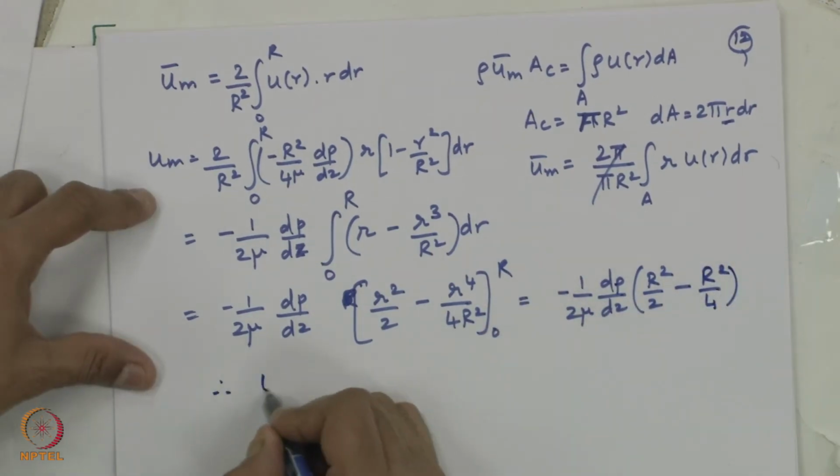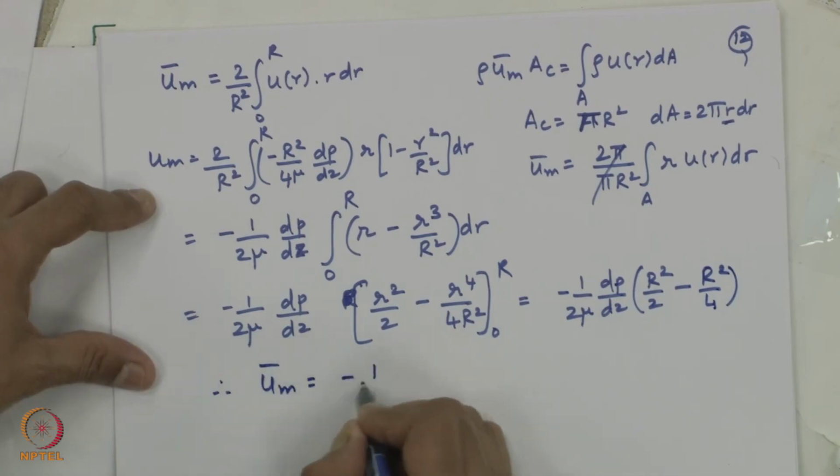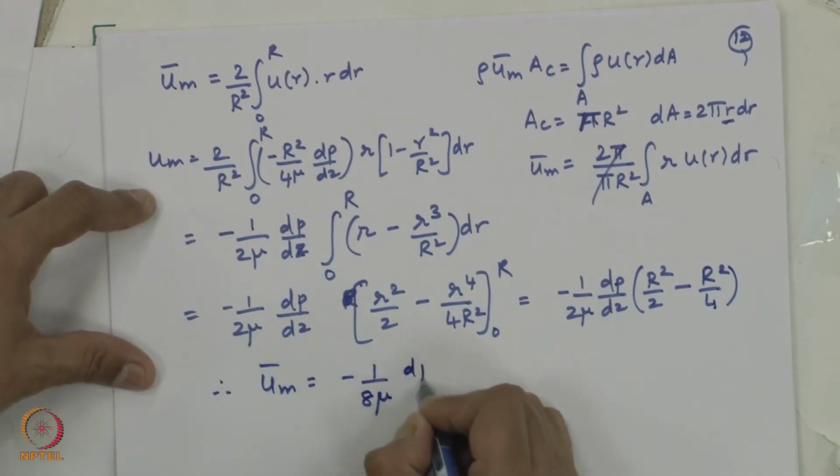Therefore, u bulk mean is minus R squared by 8 mu dp by dz.